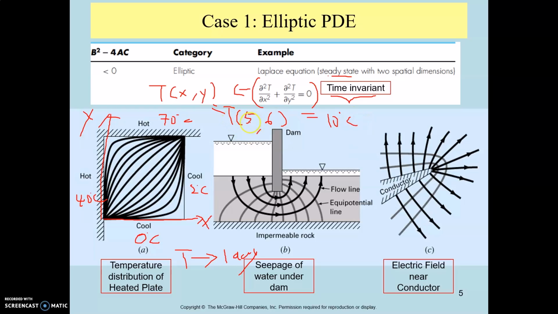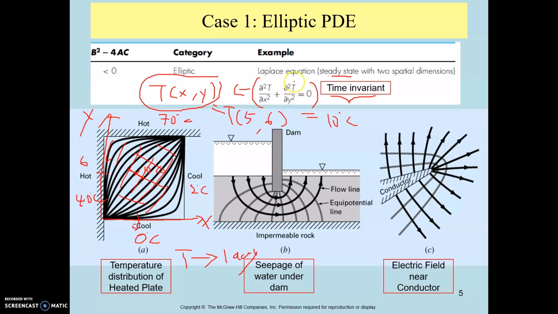It means that at x equal to 5, let's say here is your x, and here is your y, which is 6, your temperature here is 10 degrees Celsius. So actually you are solving a function for T that can describe all the temperature distribution within this plate.